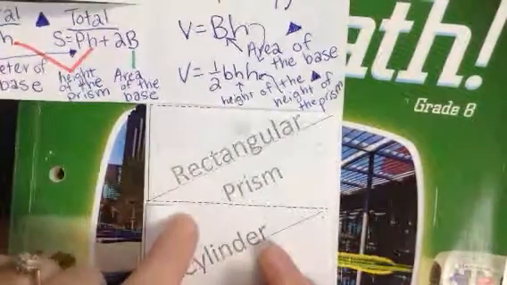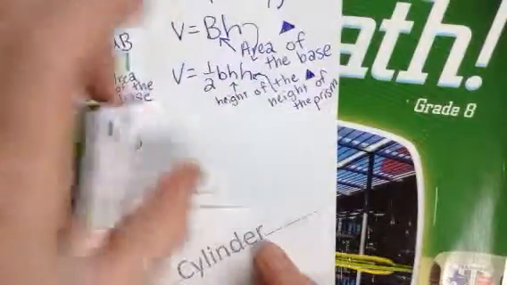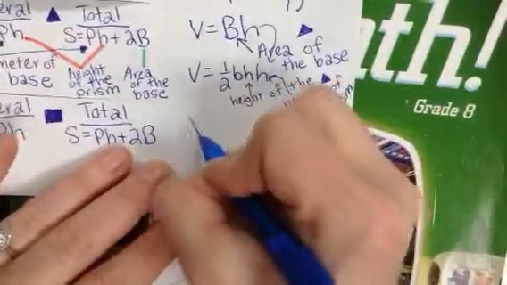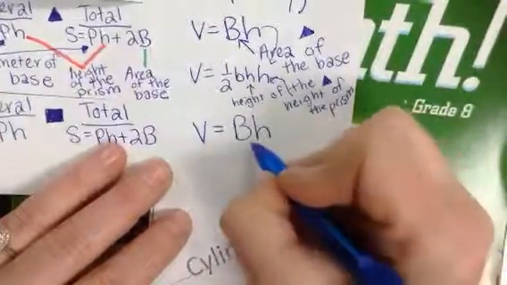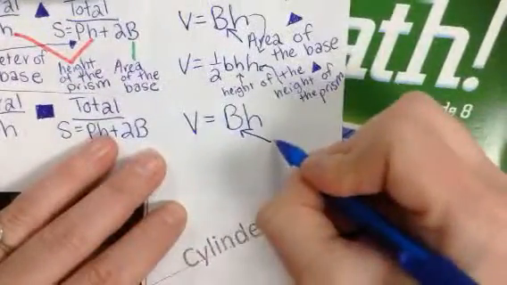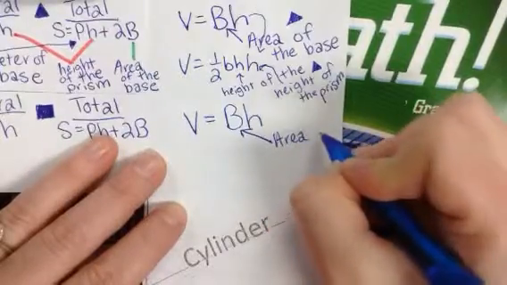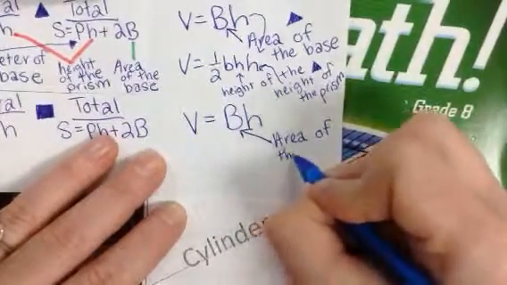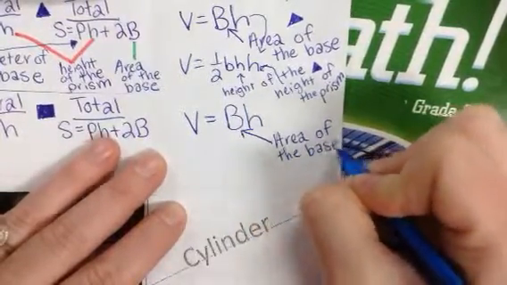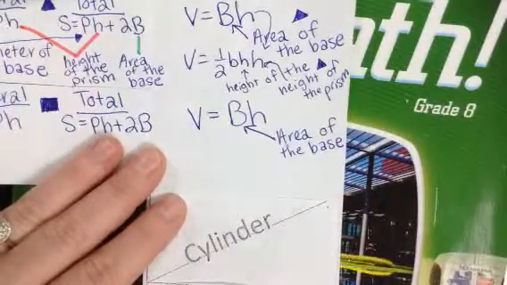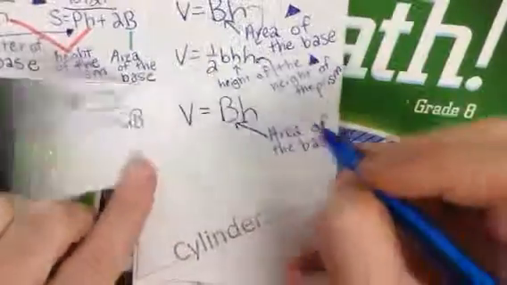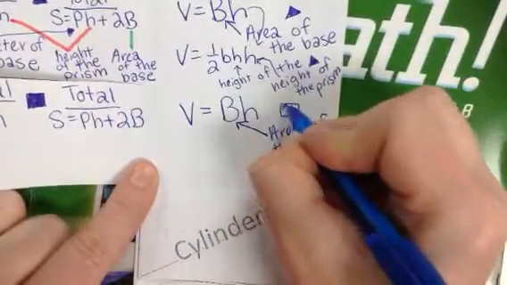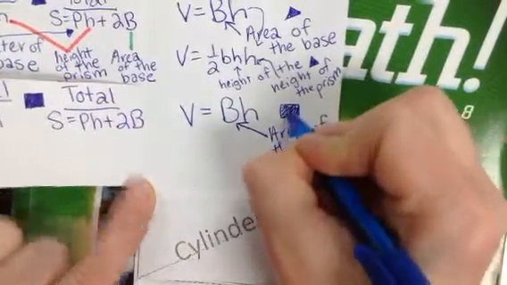Okay, on rectangular prism, the volume formula is going to start out the same. Volume equals big B little h. So remember, big B is area of the base. Since it is a rectangular prism, the name, the rectangle, is telling me that's what its base is.